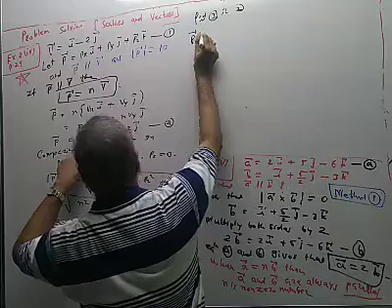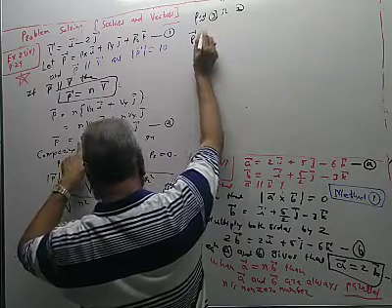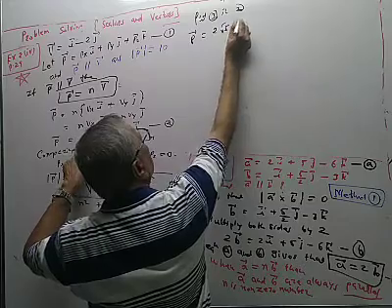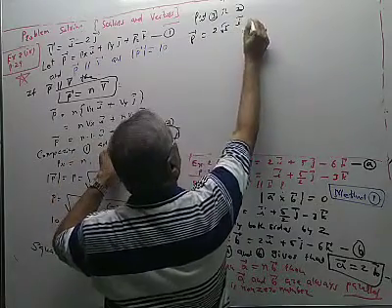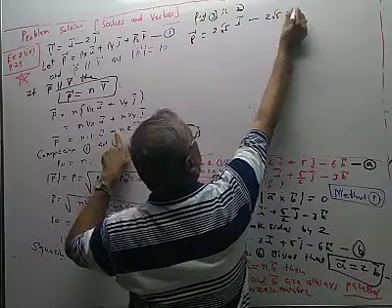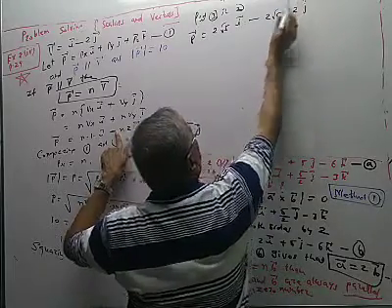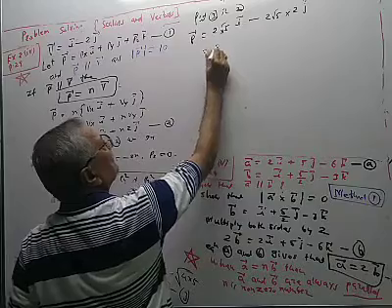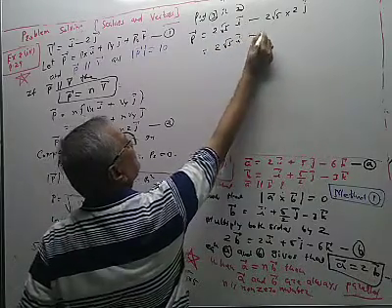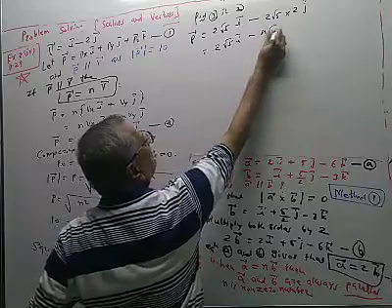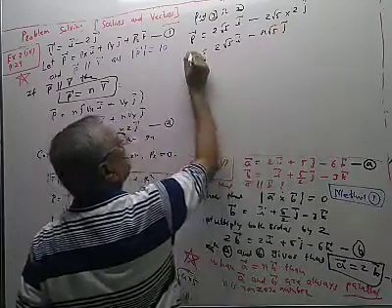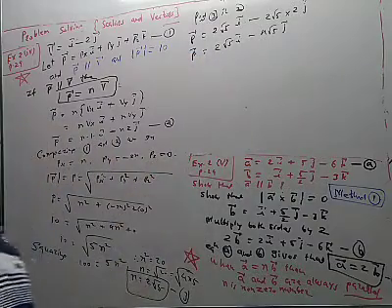So the required vector P is equal to n, where n is equal to 2 root 5, multiplied by 1 times i minus 2 root 5 multiplied by 2 times j. So the vector is given by 2 root 5 times i minus 4 root 5 times j. So the vector is written in this form.